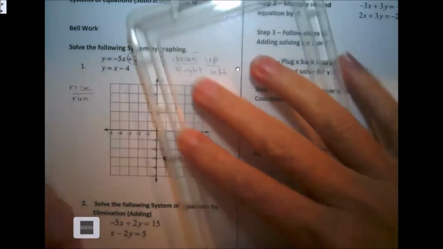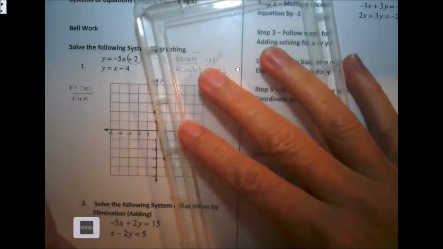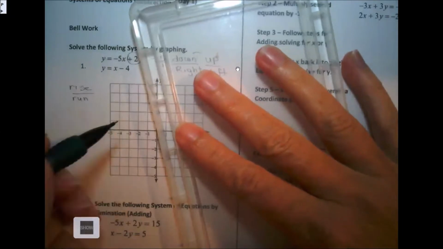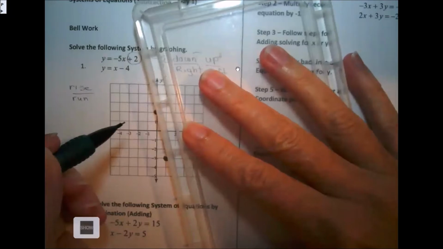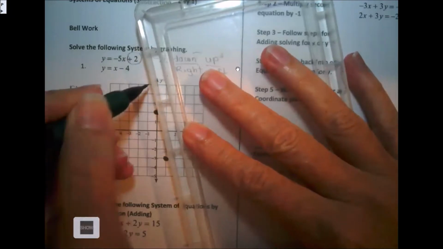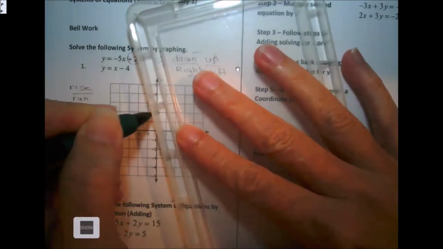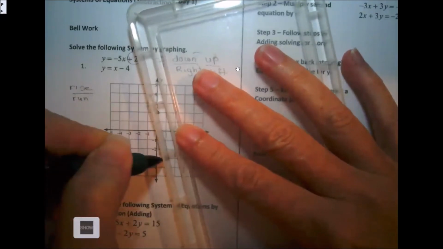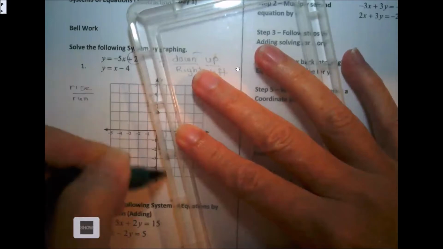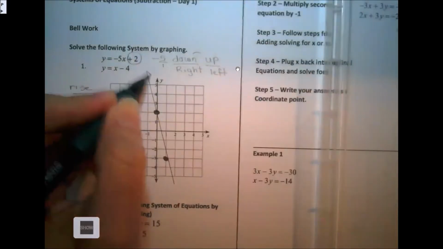Take a little straight edge right here. And I'm just going to draw that line. Oops, I'm a little bit off, but that's okay.